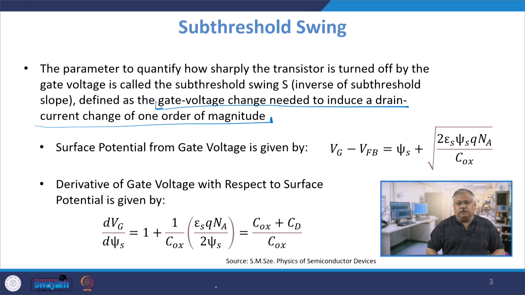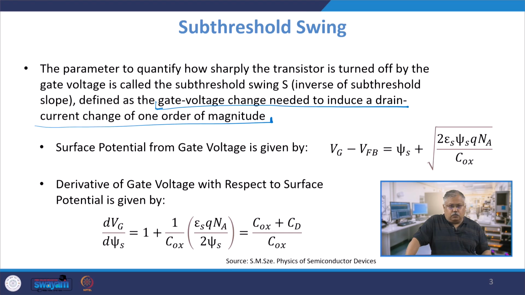This is how you define your subthreshold swing. You try to find the slope of ID versus VG, and 1 over that will give you the subthreshold swing, right. So, let us find out how we can find the value of the subthreshold swing.